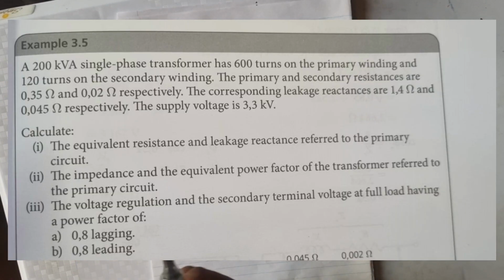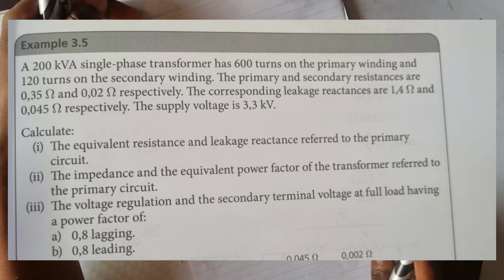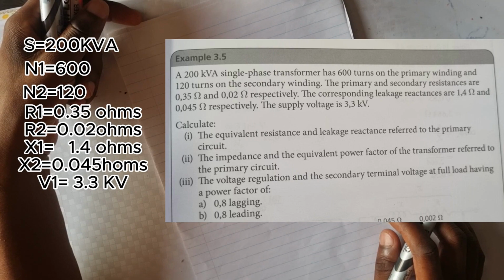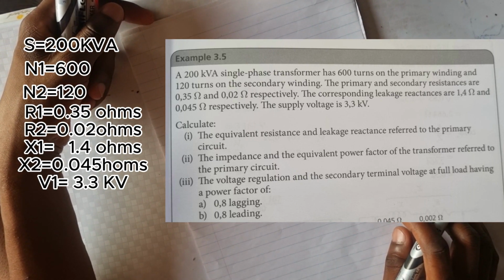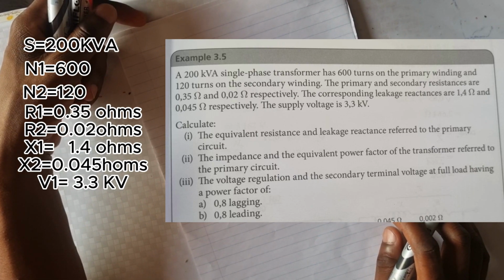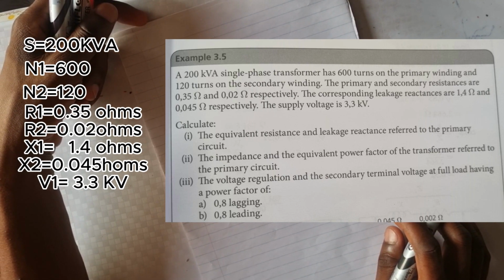Okay, now we are going to consider the example that is given in 3.1. It states that a 200 kVA single-phase transformer has 600 turns on the primary winding and 120 turns on the secondary winding. The primary and the secondary resistances are 0.35 and 0.02.